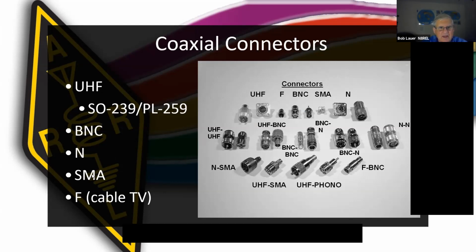The N connector is a medium-sized threaded connector, just like the UHF. The UHF, they say the PL259, that's the plug part, and the SO239 is the socket where the plug goes in. The N is the same thing, except it's very heavy duty.